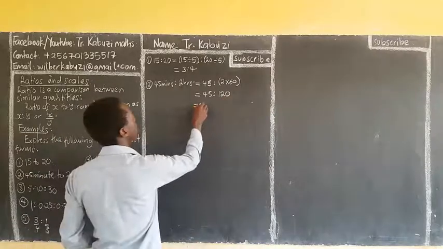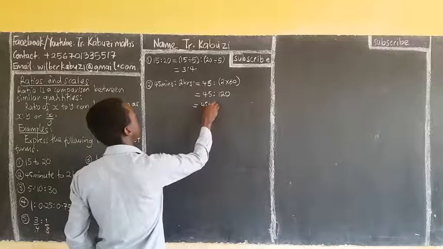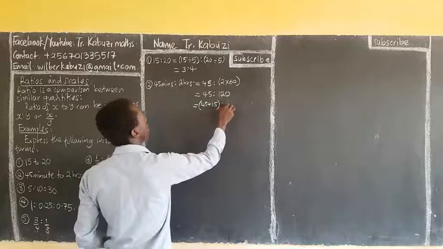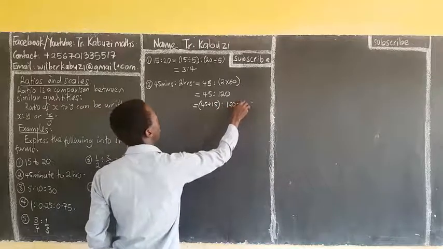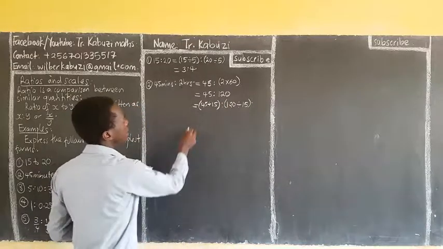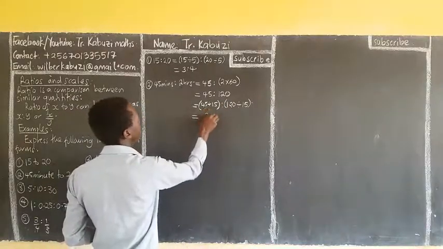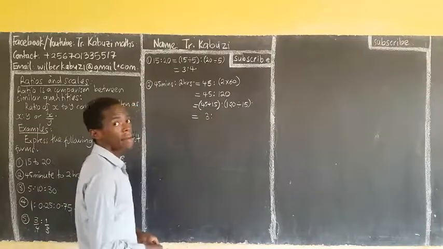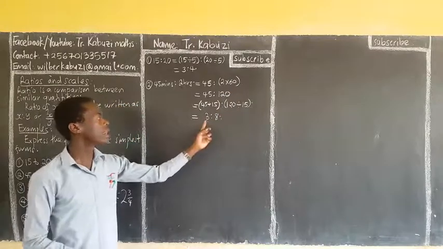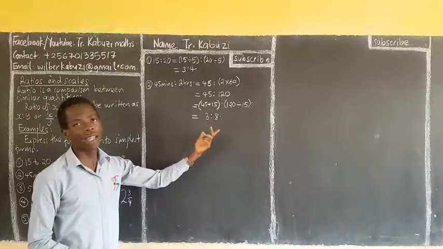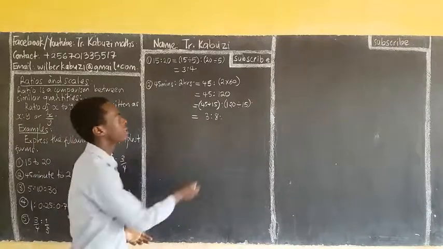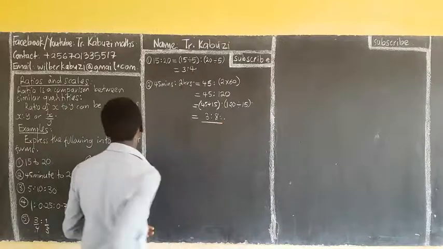So 45 divided by 15 gives 3, and 120 divided by 15 gives 8. And that's the answer, because there is no number except 1 that divides both. Of course, 1 divides any number. So that's the simplest ratio.